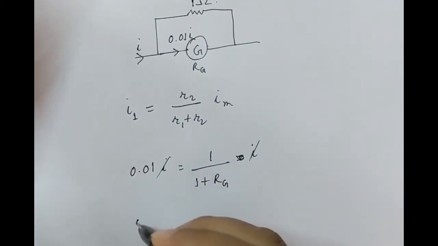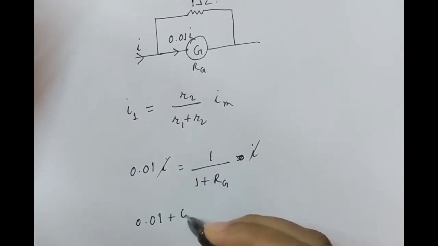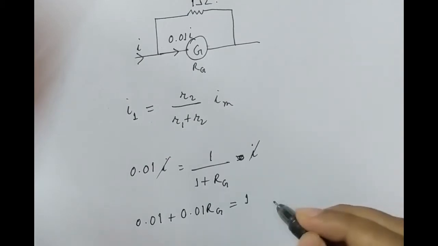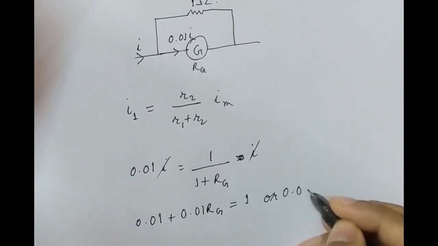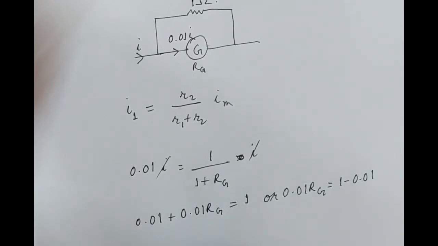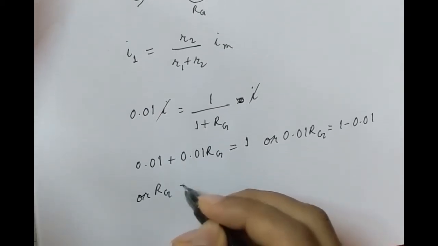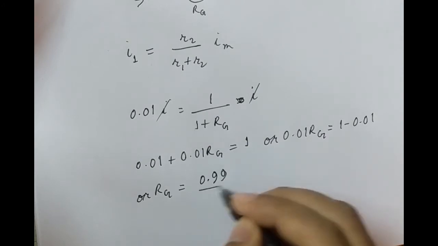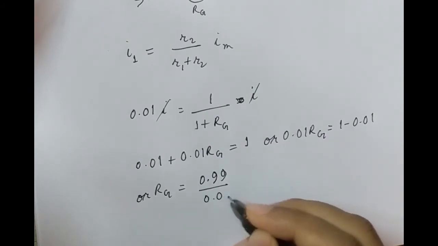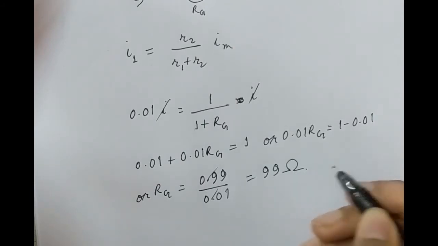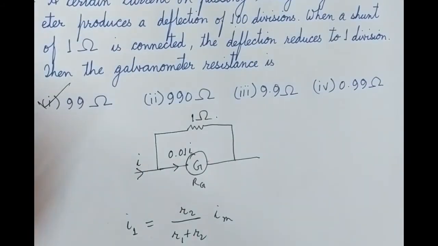Cross multiply this, you have 0.01 plus 0.01 Rg is equal to 1, or 0.01 Rg is equal to 1 minus 0.01. Rg is equal to 0.99 divided by 0.01. Cancel the decimals out, so you have 99 ohms. So the correct option is option number 1.